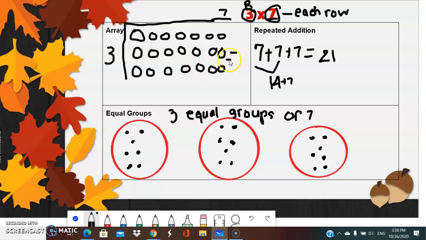So I have a total of 21 circles, 3 groups of 7, 3 equal groups of 7.